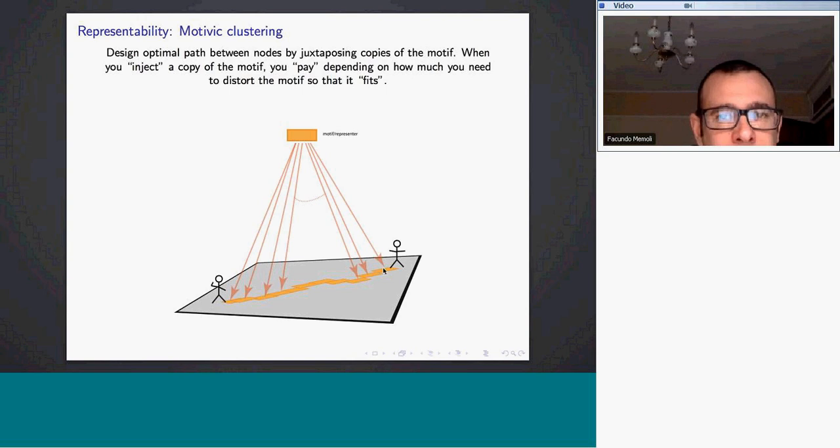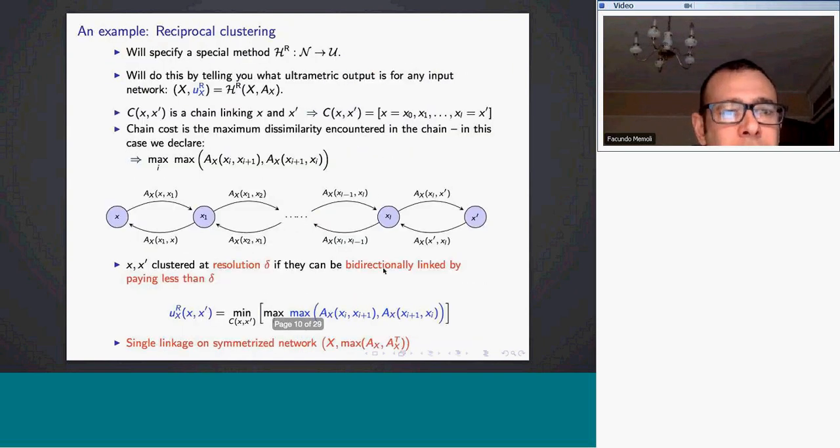Let me try to get into the context of the reciprocal method. Let me remind you what the reciprocal clustering method did.